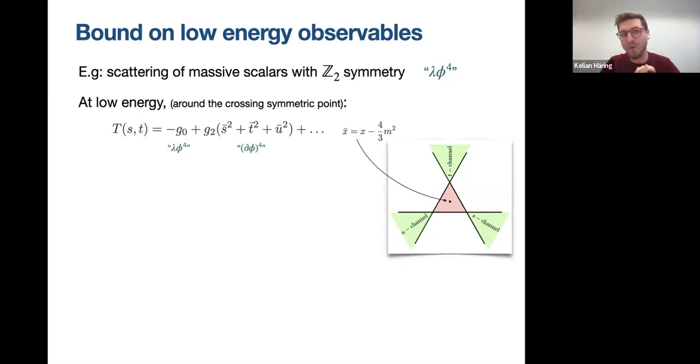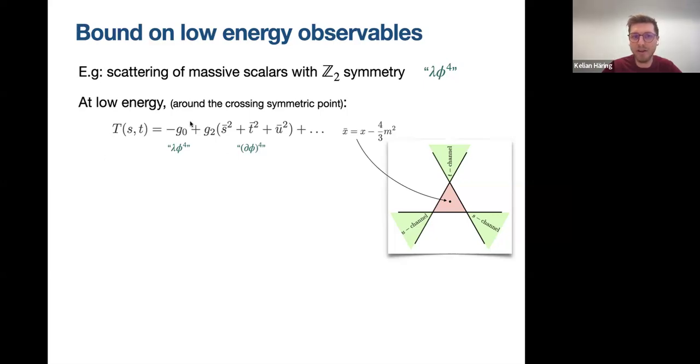So it's like lambda phi to the 4. And so if you expand this amplitude at what is called the crossing symmetric point, so if you subtract from the Mandelstam variables 4/3 of m², inside this real strip here, this Mandelstam triangle, the amplitude is real there. And so it has a finite radius of convergence.